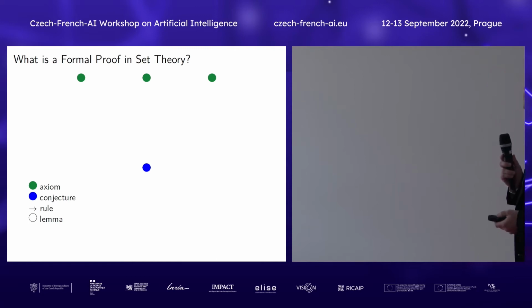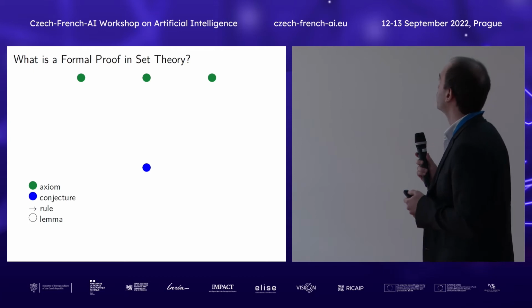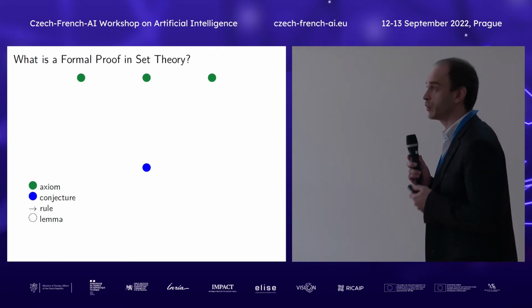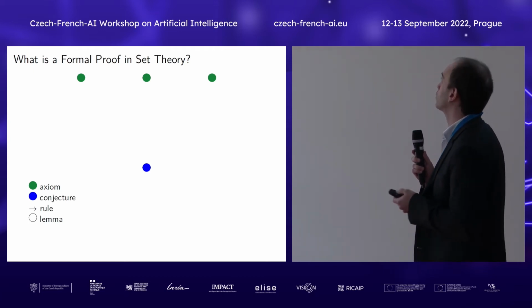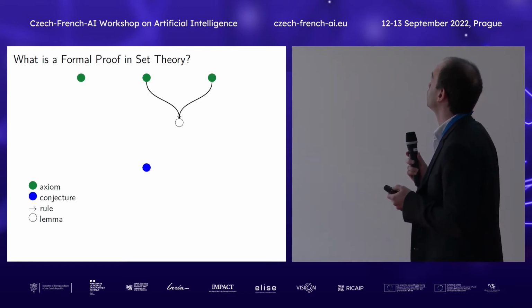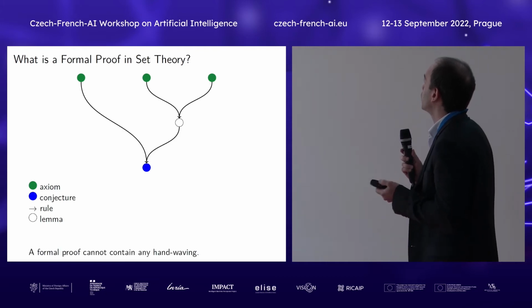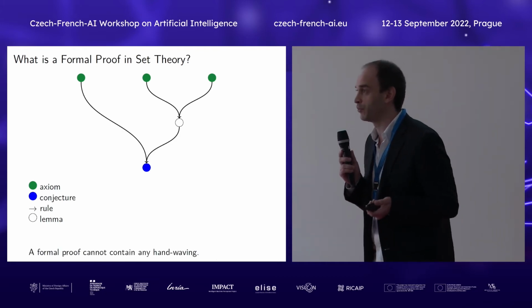So now we can construct a proof. We have our axioms, like 3 axioms at the top, and we have a conjecture we want to prove, and we can combine the rules with the axioms to produce lemmas, and we can then maybe produce the conjecture, and once we have derived the conjecture, we have a proof of that conjecture.